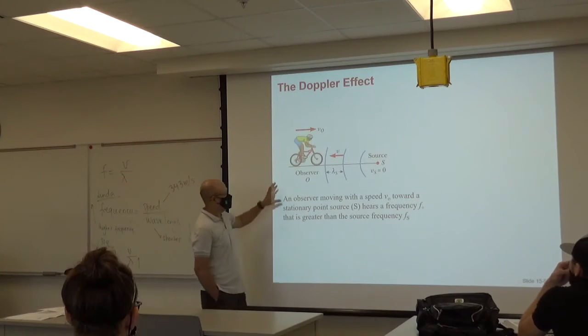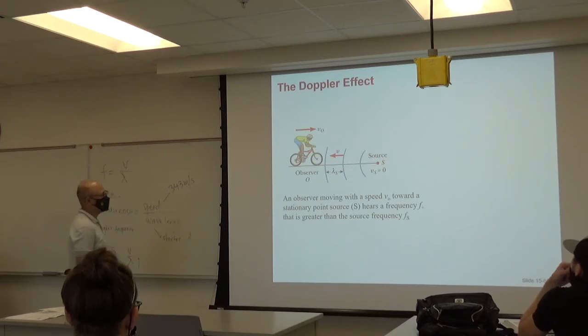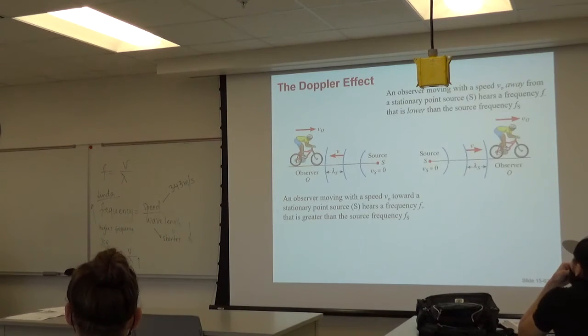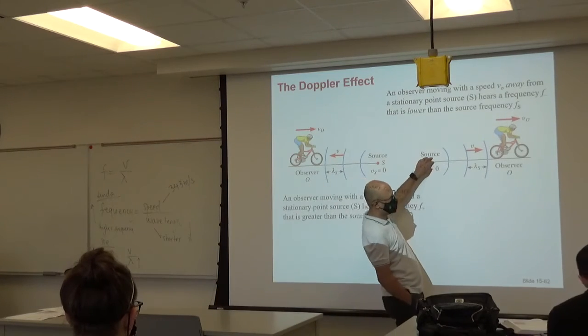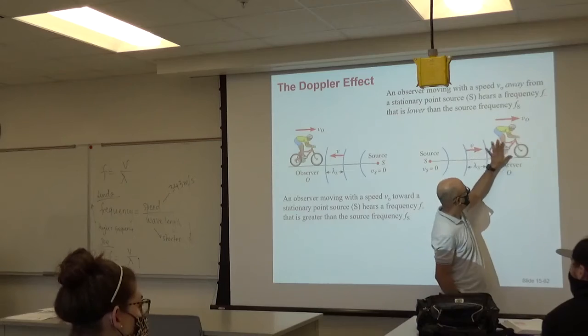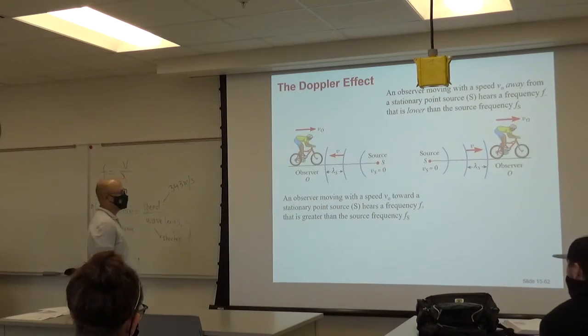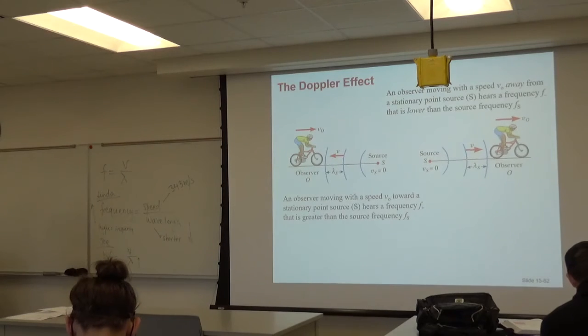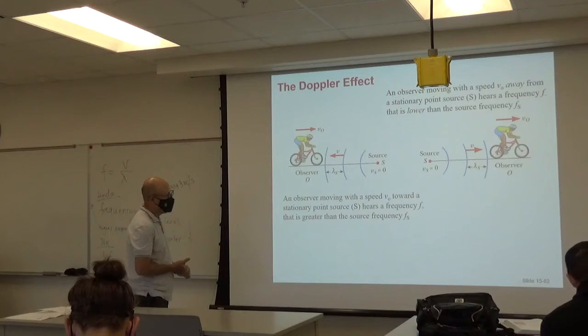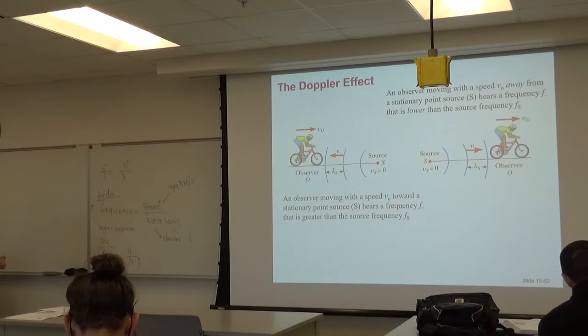The pitchness of sound increases as the person moves towards the source. Likewise, if the person is going away from the source, this source is at rest, then the person will perceive the decrease in frequency of the sound, or decrease in the pitchness of the sound.